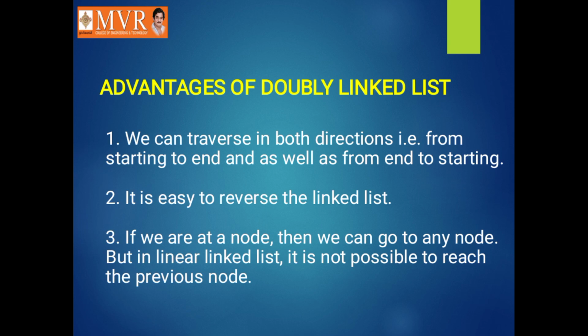As I have explained, we can traverse in both directions in a double linked list since it is a two-way list, and reversing a linked list is also easy. And also we can go to any location and find any node, and it is an easy operation, whereas in a single linked list it is a little bit difficult.